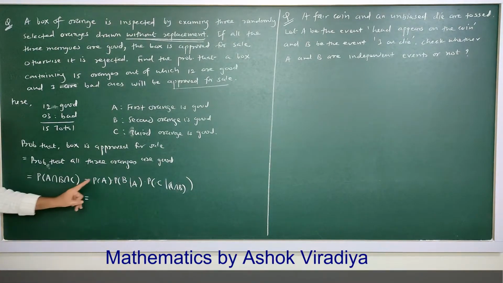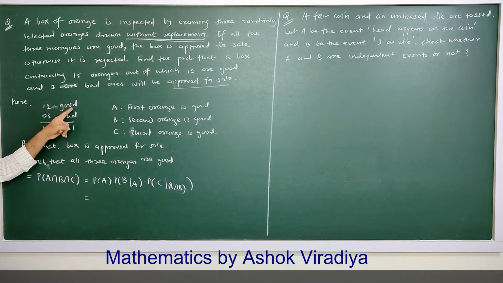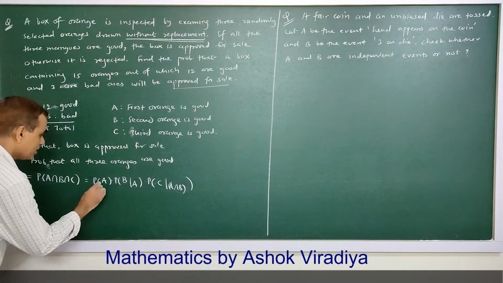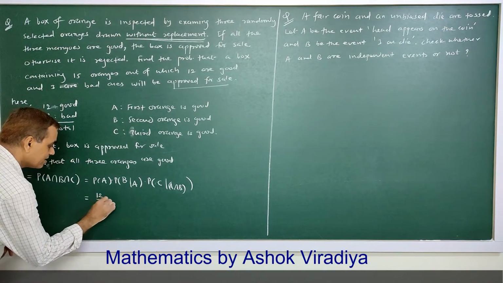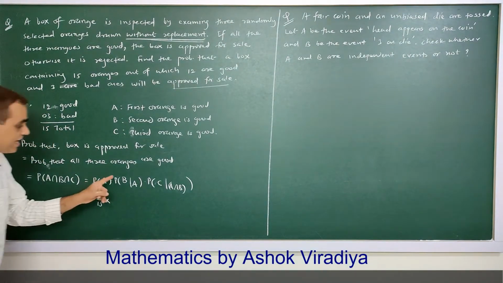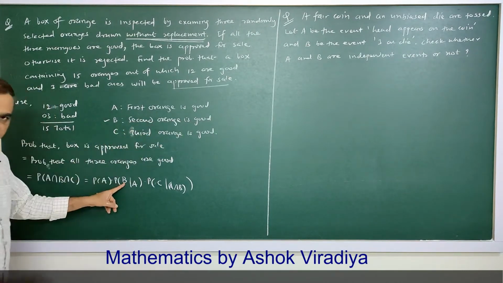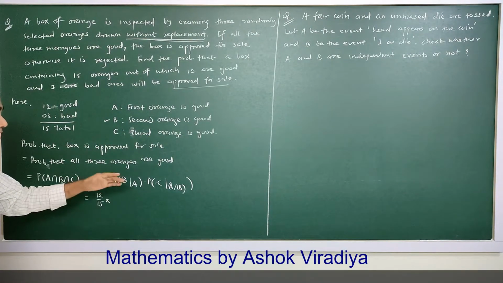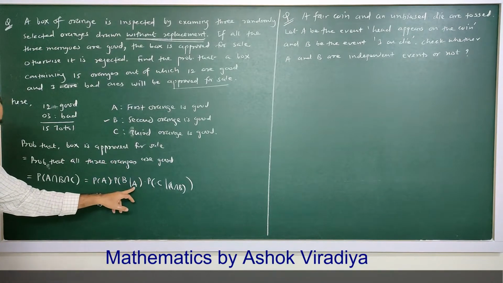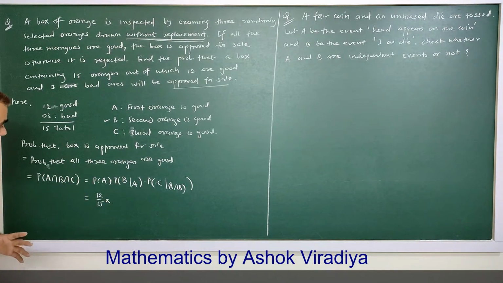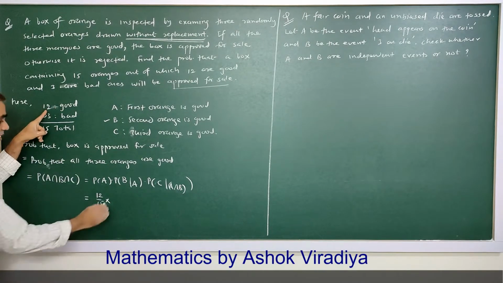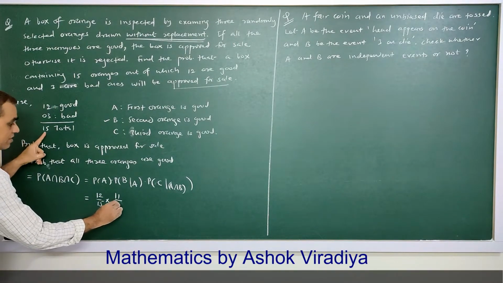Now the first orange is good. Whenever you take the first orange, 12 good oranges, total 15 oranges. So this will be 12 by 15. Now when you take the second good orange, already you have taken one good orange, so this event is affected. Now how many good oranges are left? 11, and total oranges 14.